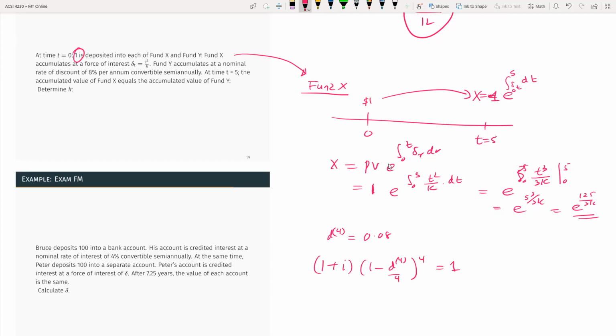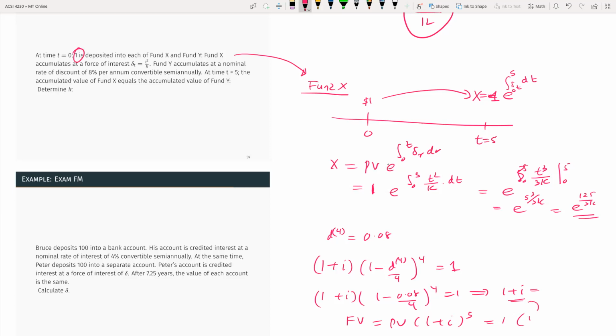Remember that equation? So I can get (1 + i)(1 - 0.08/4) to the 4 is 1. From here, I can get 1 + i. And once I know 1 + i I can calculate the future value. Future value is present value times (1 + i) to the 5, which is 1 times that. So here you need to get the 1 + i.